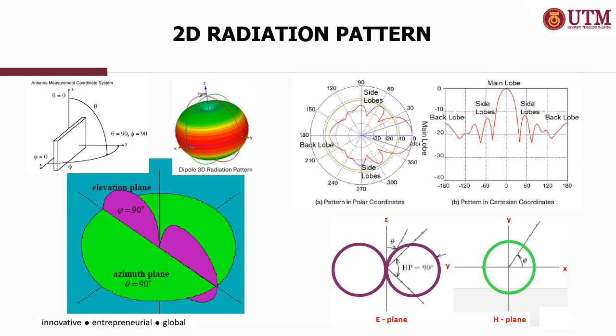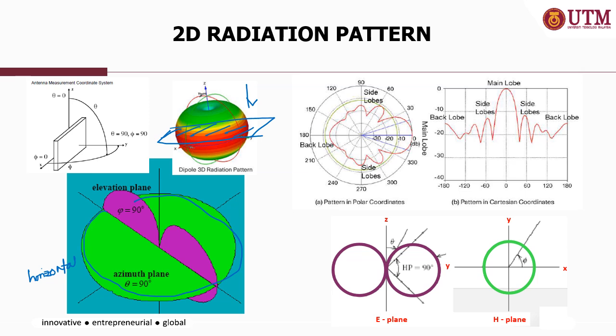For example, if we cut it somewhere here, and we look from the top, we may see this shape from the top. We cut at this plane, and this plane is called the horizontal plane or azimuth plane, also called the H-plane, horizontal.